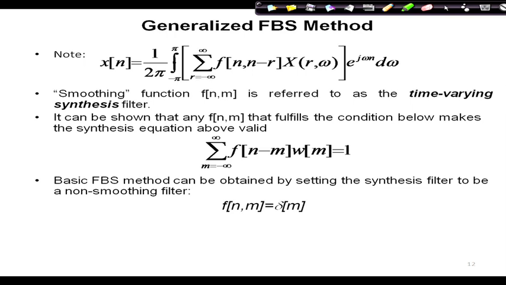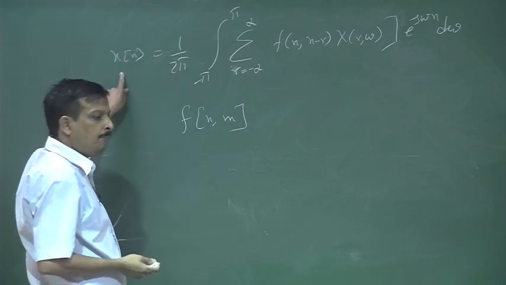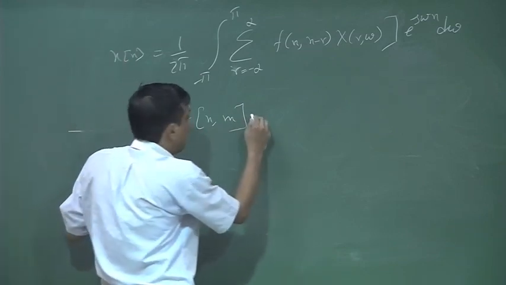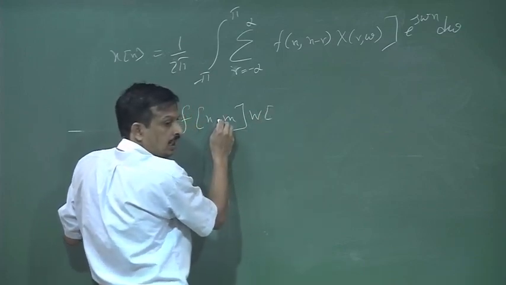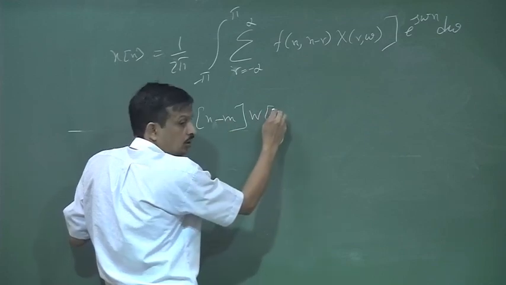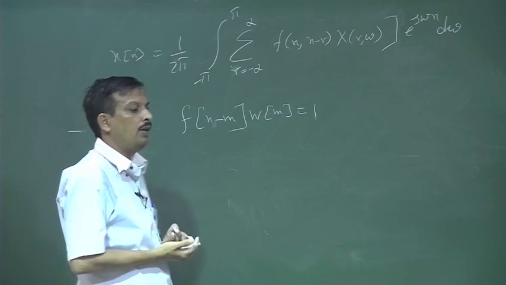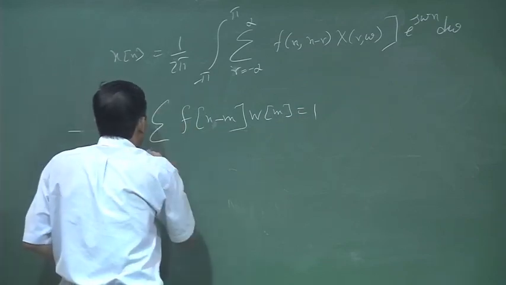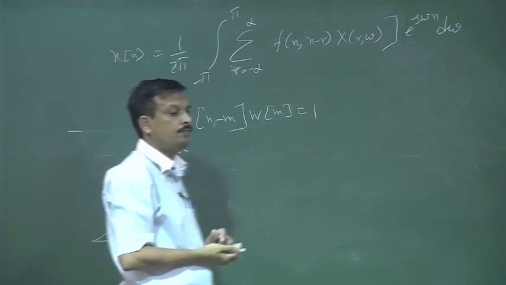It can be shown that any f of n, m that fulfills the condition below makes the synthesis equation above valid. So, this is x[n] if this is multiplied by the analysis window, the sum of f of n minus m into W[m] is equal to 1, where m equal to minus infinity to infinity.